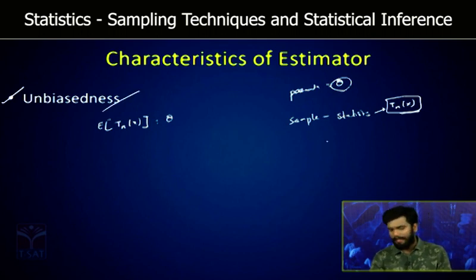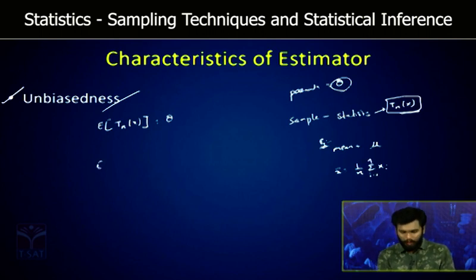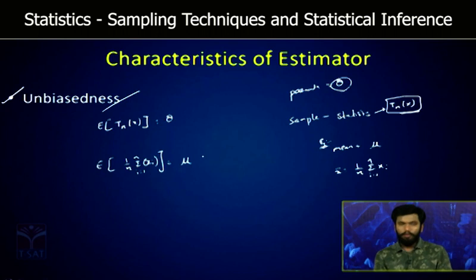Now let us consider an example. The population parameter, let us consider it is mu. I am finding the mean of the population, which is equal to mu. I have taken a sample and I am finding the statistic x bar, which is equal to 1/n into the summation of xi where i takes values from 1 to n. Now the expectation of this 1/n into summation xi is equal to mu.